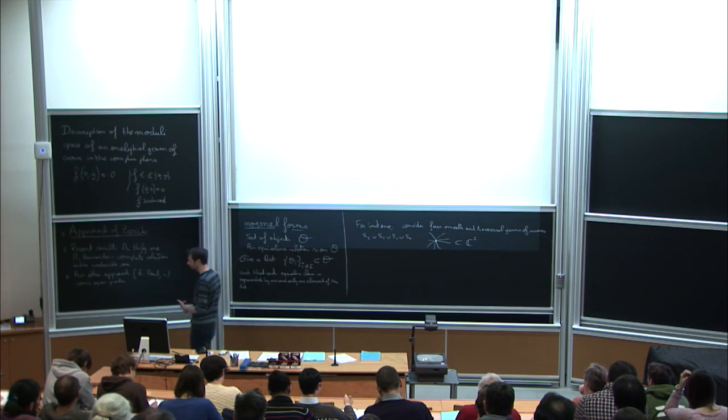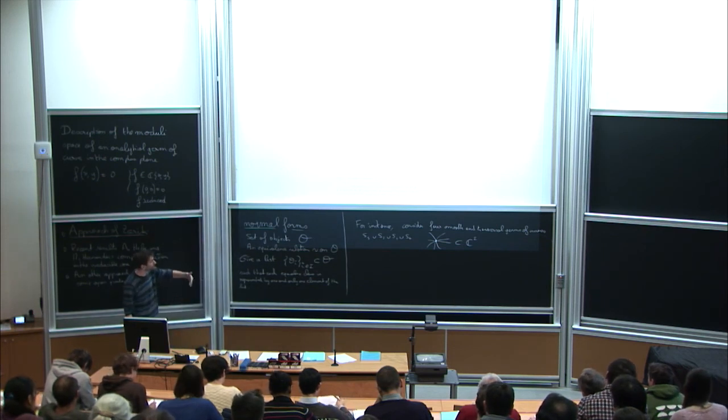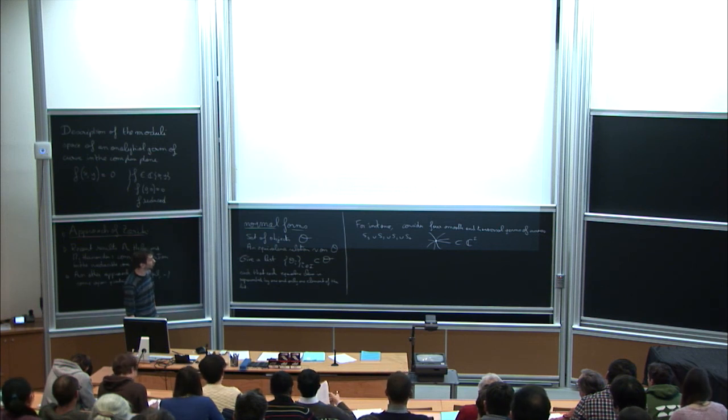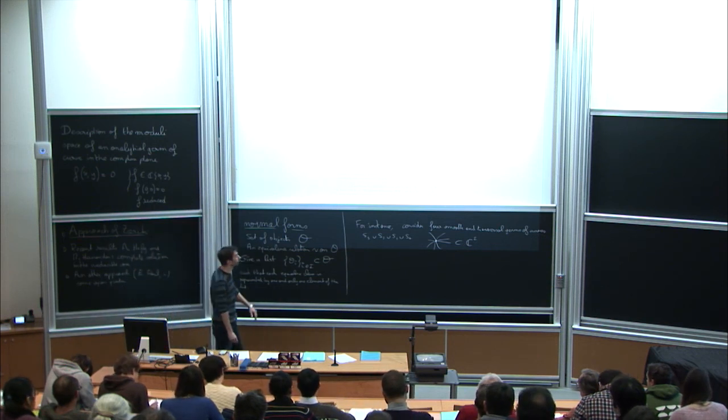So the set of objects is all such four-tuples of curves, and you can put on this set an equivalence relation.